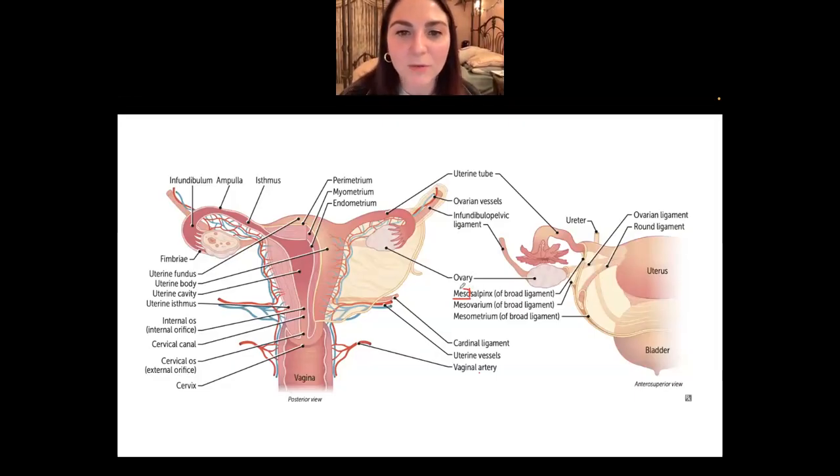There's the mesosalpinx, the mesentery of the salpinx, which is another name for fallopian tube, which we'll cover. The mesovarium is the mesentery of the ovary. The mesometrium is the mesentery of the uterus, where the myo-, endo-, and perimetrium are.